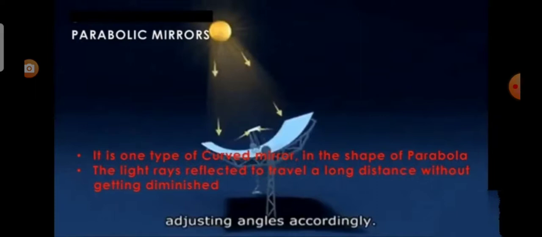In the same way, light rays generated by the source placed at the focal point will fall on the surface and they will be diverged in a direction which is parallel to the principal axis of the parabolic mirror, and the light rays will be reflected to travel a long distance without getting diminished.